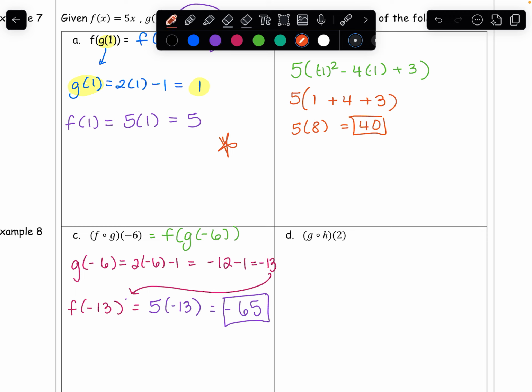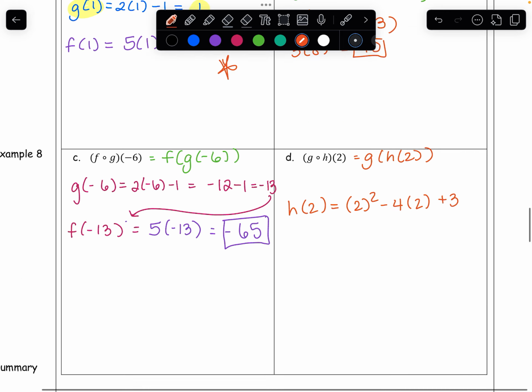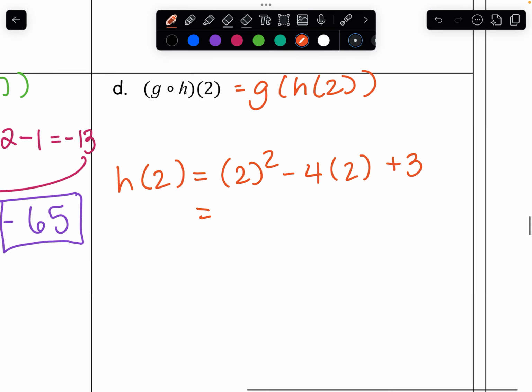Our last one we're going to do is g of h of 2. So h of 2, we're using our h function. So we get 2 squared minus 4, oopsies, not x, because we're replacing x with 2, plus 3. I'm going to do it by hand because it's always good to practice that.